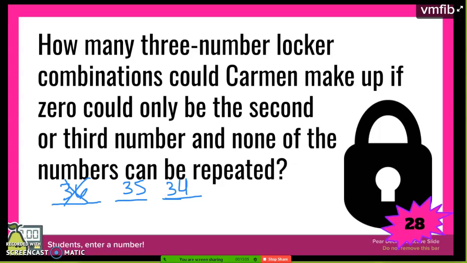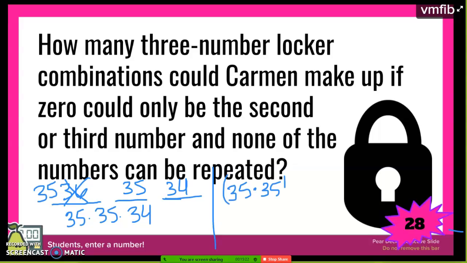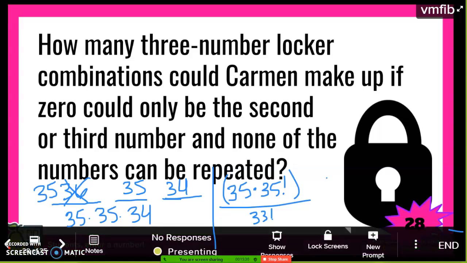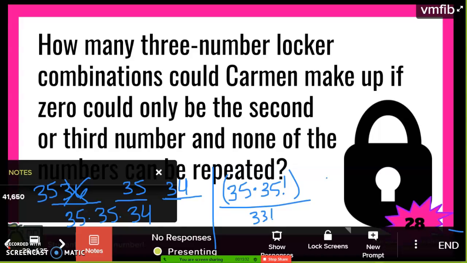We cannot use 0 for the first digit, so we only have 35 numbers to choose from. So this looks like 35 times 35 times 34, or we could write it as a factorial, 35 times 35 factorial divided by 33 factorial. Either way, our answer is 41,000.